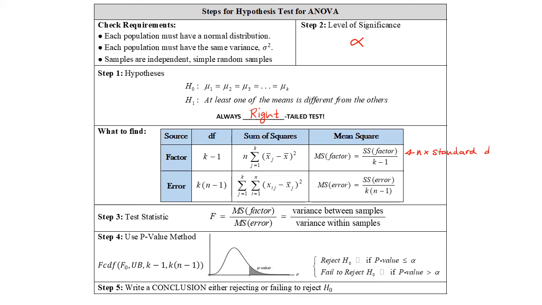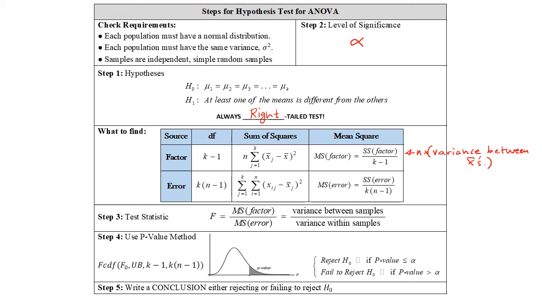Actually, sorry, I'm misusing that. It's not the standard deviation, it's the variance between the sample means, in other words, the x bars. So we'll multiply n times the variance between the sample means.